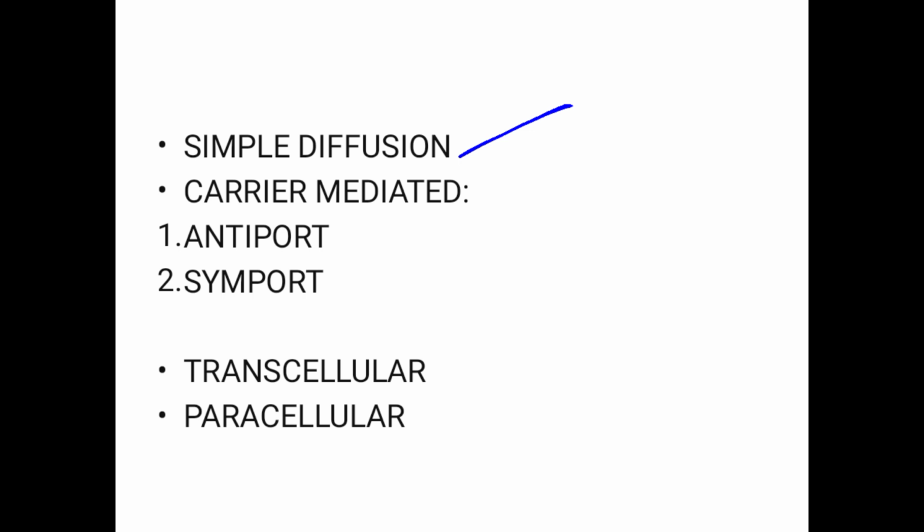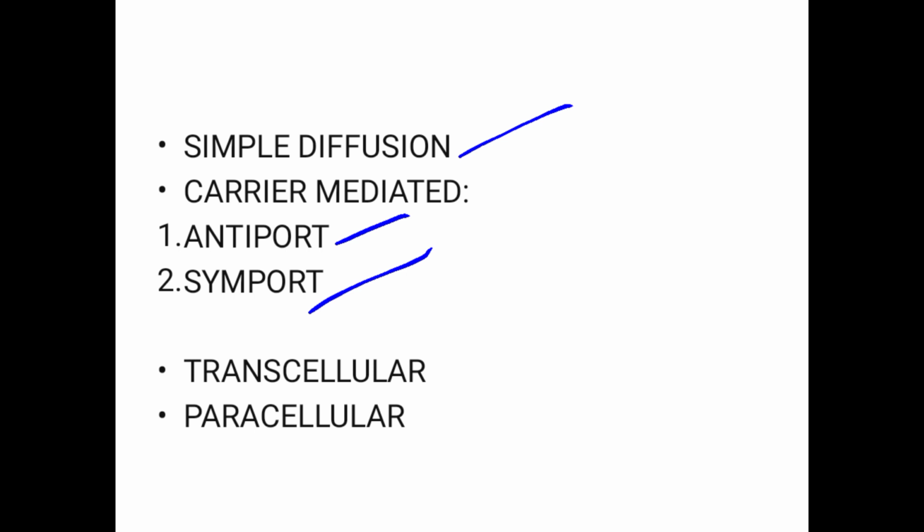In simple diffusion, there is movement of substances across the cell through channels or special pores, like water channels present in the collecting duct. Through that the water gets reabsorbed. Also there is carrier mediated transport like antiport and symport.